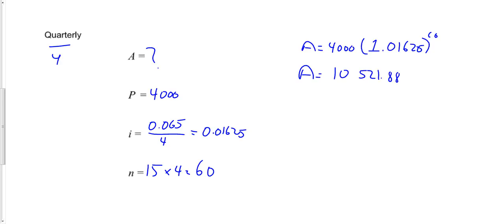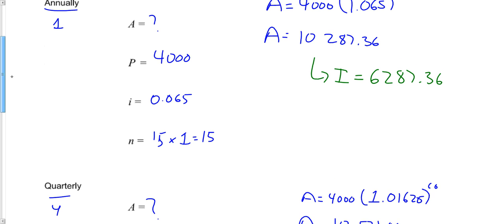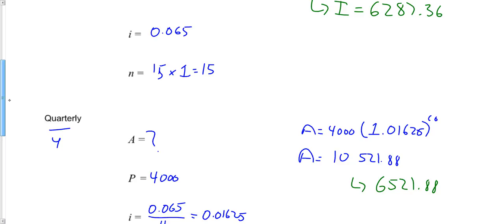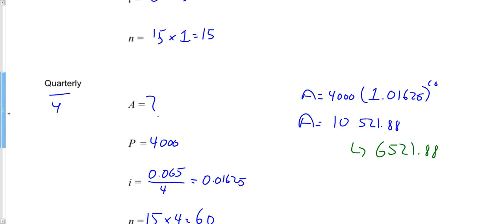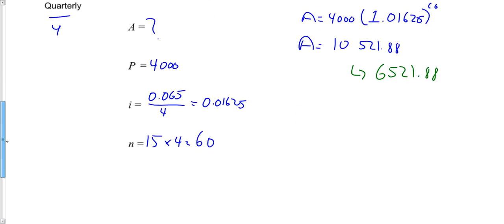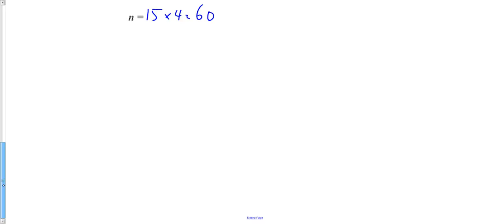If I subtract the original $4,000 that was invested, he earned $6,521.88 in interest. So if I compare that with my previous answer, he earned about $300 or so more in interest when we increase the compounding period.